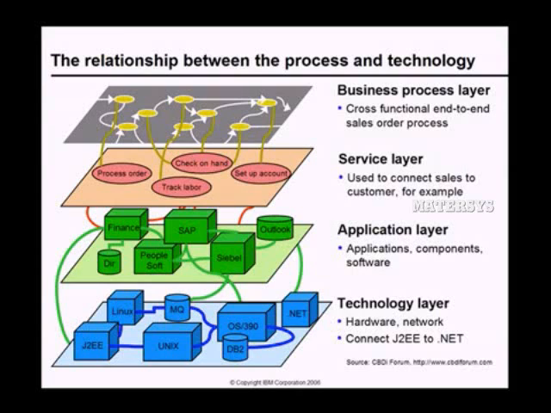And calling on that service at a specific point in a process then takes us down into the major applications and into the technology to provide that function for us. So it's a good way of tying our business process to the technology as we're building our business process models.